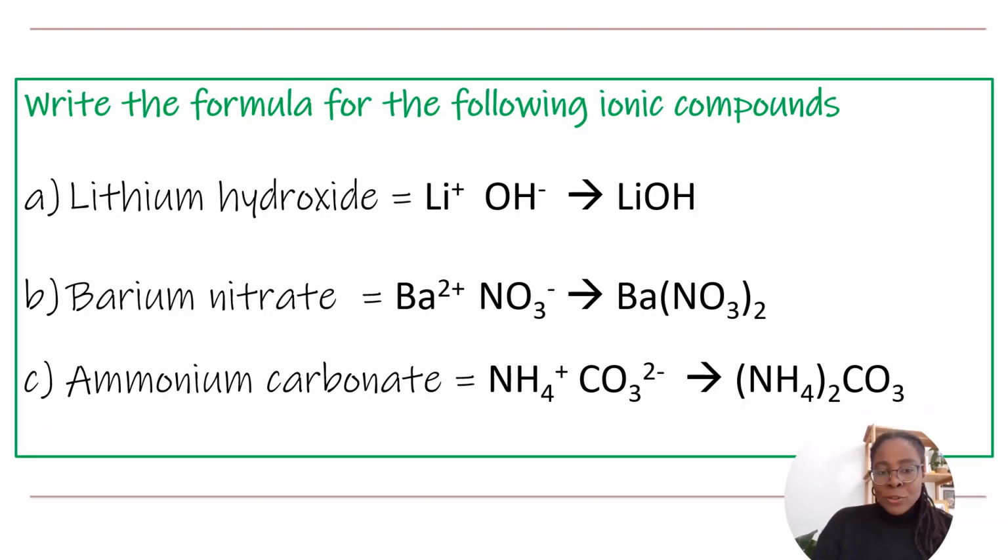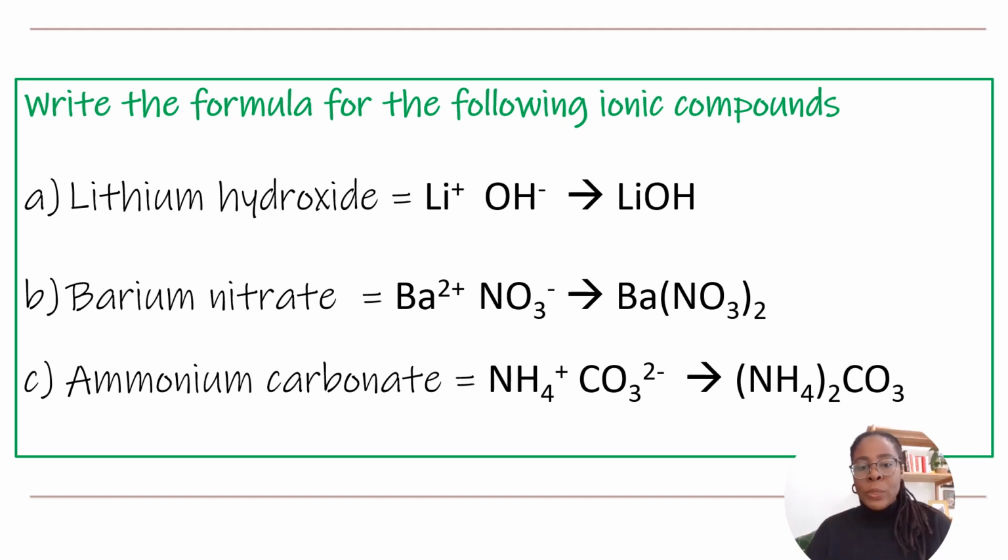And our final question, very similar to the last one, but now dealing with some molecular ions. Lithium hydroxide, lithium is 1+, hydroxide is 1−, so it's a nice straightforward LiOH. Barium nitrate, barium 2+ and NO3−, so Ba(NO3)2. And finally, ammonium carbonate. Ammonium is NH4+, carbonate is CO3 2−.